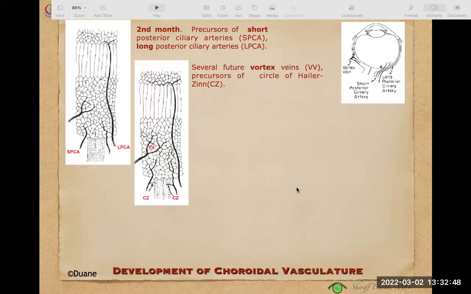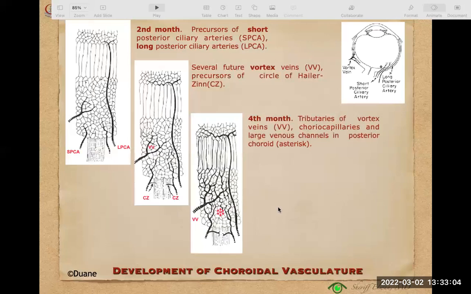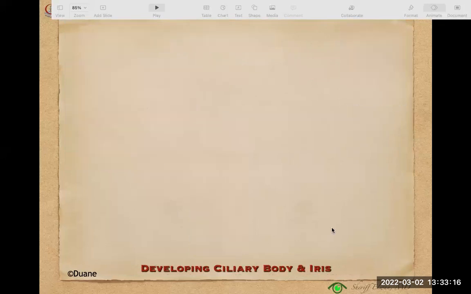Then several future vortex vein precursors start to disappear, forming the circle of Haller-Zinn, the circle of Zinn of vessels around the optic nerve. And then at 4 months, tributaries of the vortex veins, choriocapillaris, and the large venous channels in the posterior choroid form and become drained by the vortex veins.